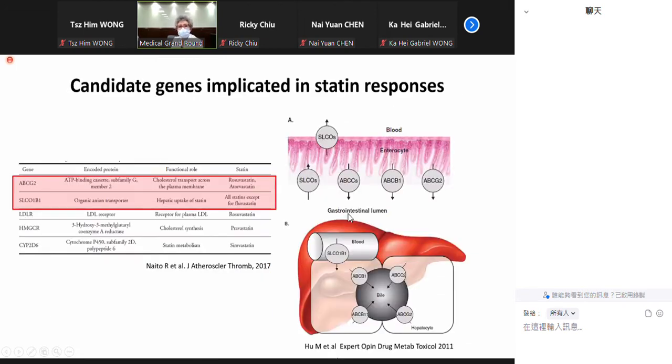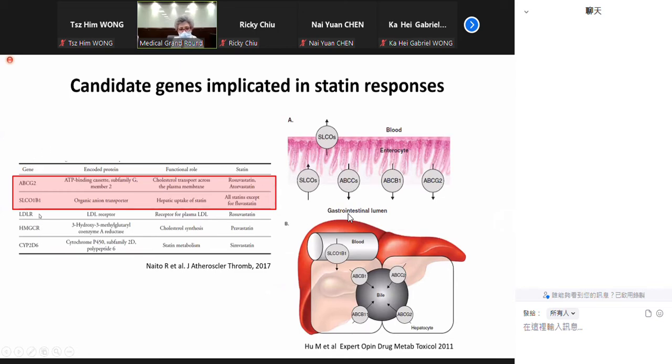Now, why should there be these differences in terms of drug level? We have to think about that in terms of pharmacogenetics, right? These are some of the key enzymes and transporters which are implicated in statin metabolism, and some of the candidate genes.